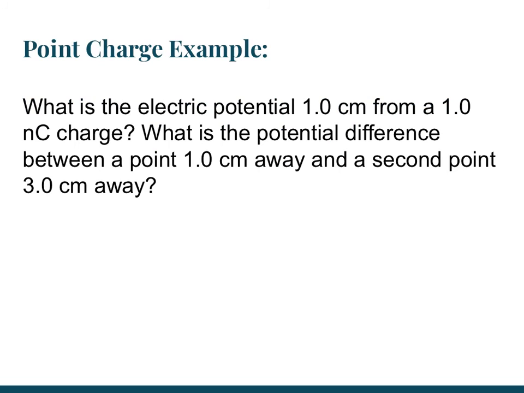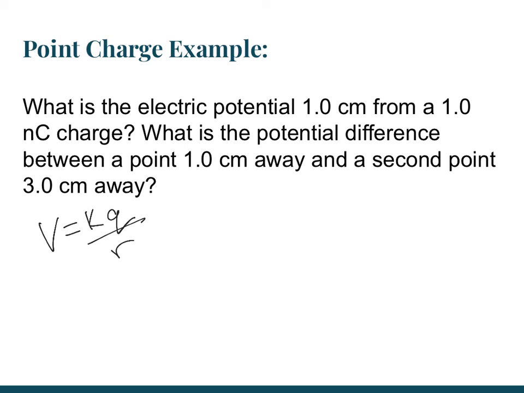All right, now to calculate the potential around a point charge. Super easy. We're going to use that same formula. Potential equals K. I'm going to leave things in terms of K times the source charge over the radius, or how far you are from the source charge. So looking at the question, it asks, what is the electric potential 1 centimeter from a 1 nanocoulomb charge?